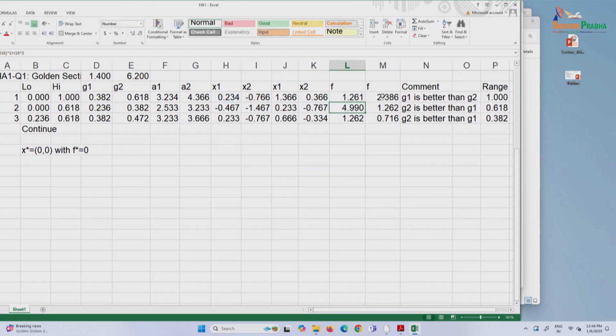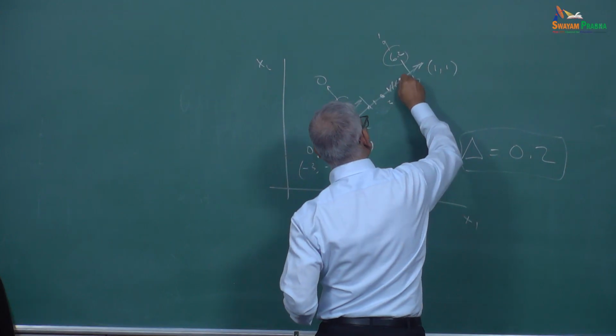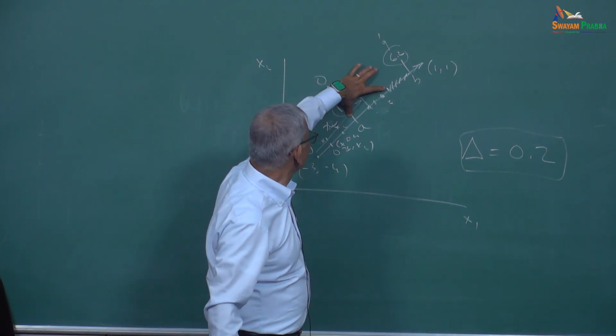Now the first point has its f value, and the second point has the next one. So which is better? Which is worse? 2.386 is worse. So G1 is better than G2, so I'm going to delete this region. Okay, so I'm going to have my search from A to this now.